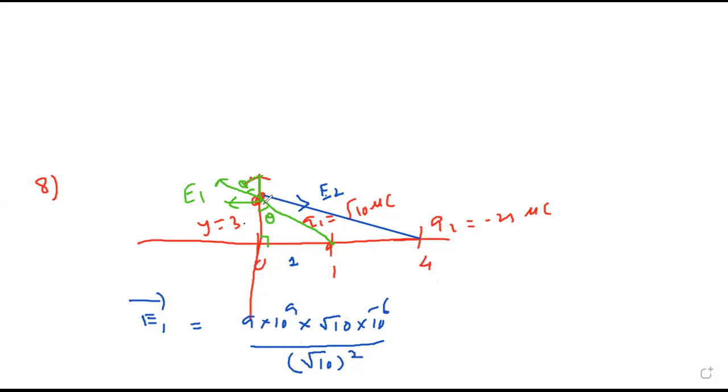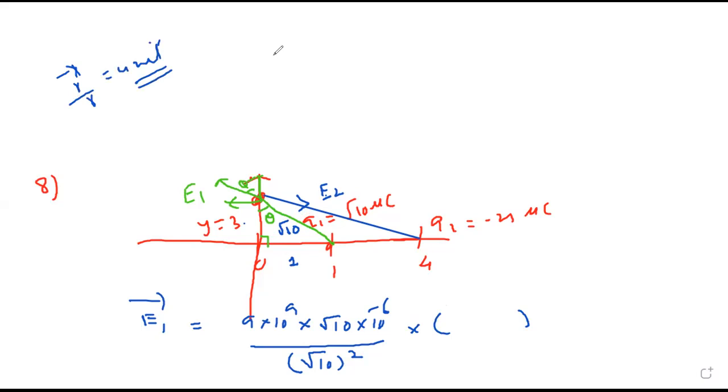So intensity is outward. We want in terms of i cap and j cap. So if I want to multiply unit vector in this direction, this is root 10. So unit vector along this is vector divided by its magnitude. R bar upon R is called unit vector. I think you know this.